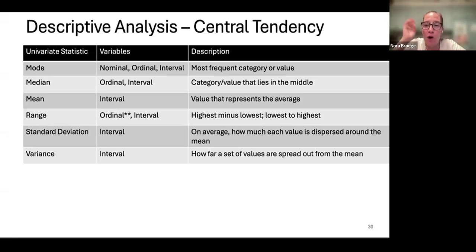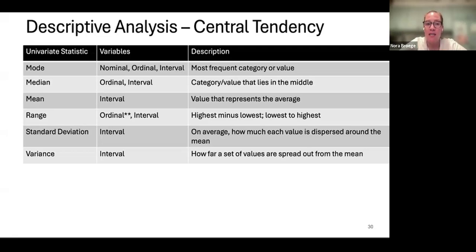Modes can be calculated for all types of variables: nominal, which are categorical variables with no order, like ice cream flavor; ordinal, like highest degree earned, where there is an order; or interval, purely numeric.